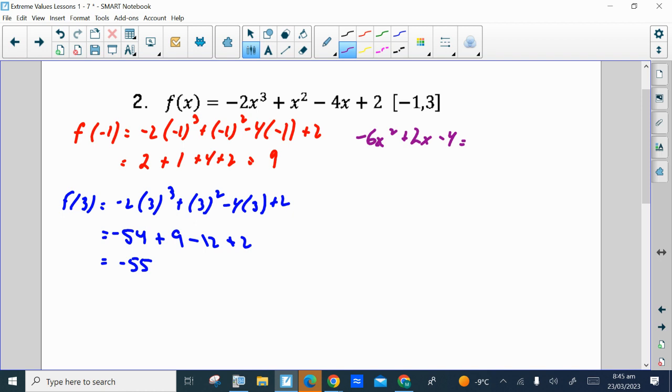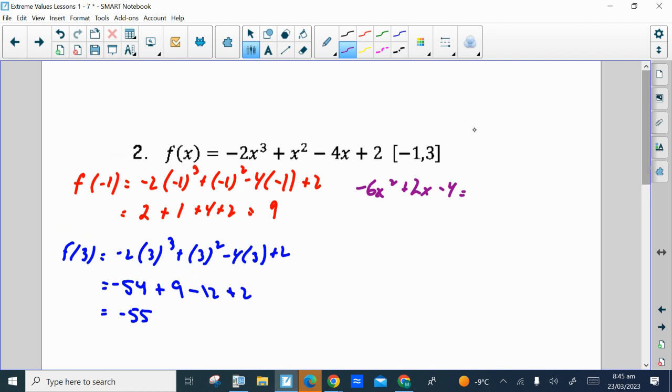It's got to be parallel to the chord going through x equals negative 1, or the point negative 1 comma 9, and the point 3 comma negative 55. So our tangent line will be parallel to the chord going through those 2 points, which means it has to have the same slope. So we'll find the slope by going y2 minus y1 over x2 minus x1.